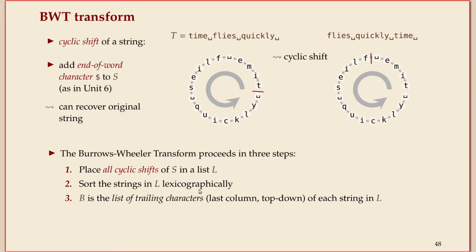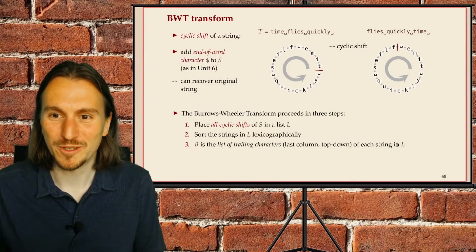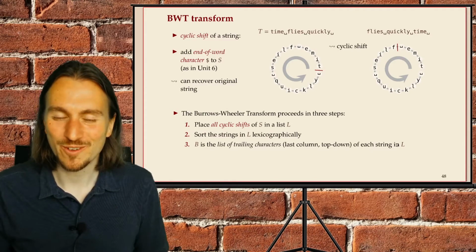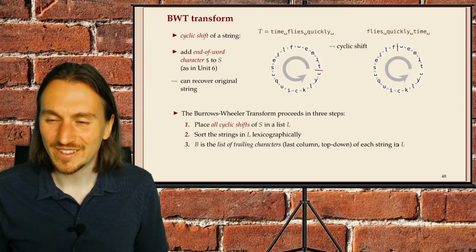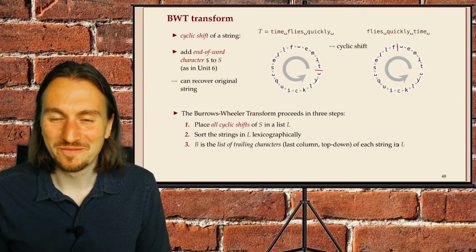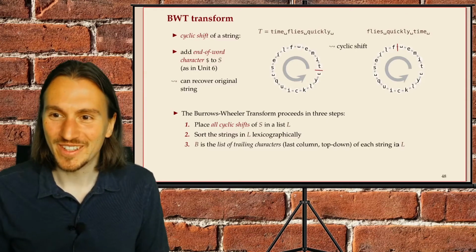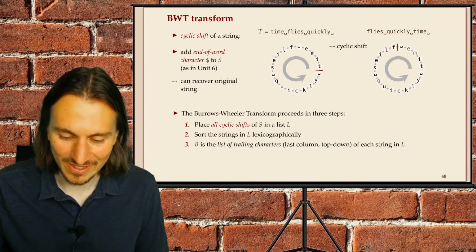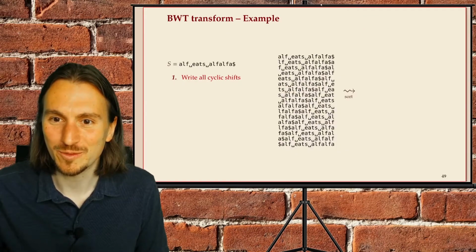You sort all those cyclic shifts lexicographically, and then you take in that sorted list the last column top to down and read down these characters. And that gives you the Burrows-Wheeler transform of the text. This, I'm sure, sounds crazy. And it kind of is, but it's magic. No, it's a smart trick and a smart way to exploit redundancies, but I'll show you in a second. Let's first see an example on how this works.